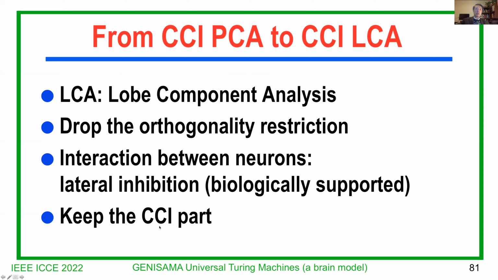And we keep the CCI part, candid, covariance-free, incremental, because the brain does that. The brain is candid, it does not lose energy. Covariance-free means that the brain cannot compute covariance matrices of the input, there are way too many. The brain does incremental learning, right.